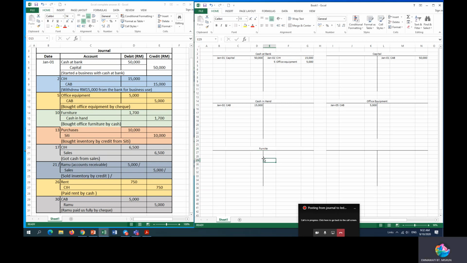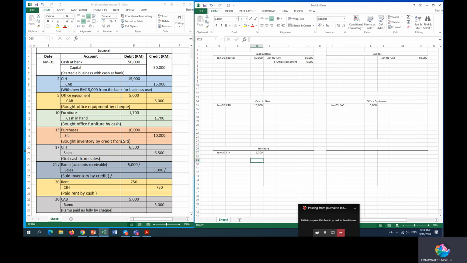Furniture, we have it on the debit side on January 10. And the debit entry for furniture is cash in hand. So cash in hand on the debit side of furniture. And then the amount is 1,700.